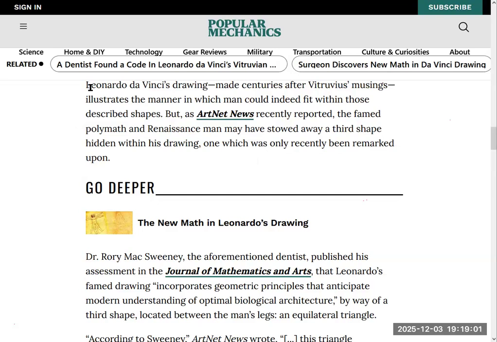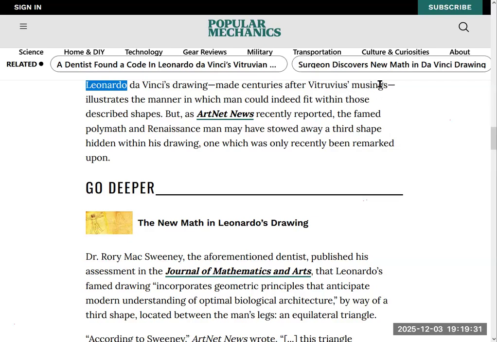So it's saying this chap, who sometimes is just referred to as Leonardo, and everyone knows who you're talking about if you just say Leonardo, and they don't mean Leonardo DiCaprio, the Hollywood actor, but they might do, of course. But most people would say Leonardo da Vinci. So his drawing of this idea that Vitruvius had, where you might lay a man on his back and draw that circle and the square around him.